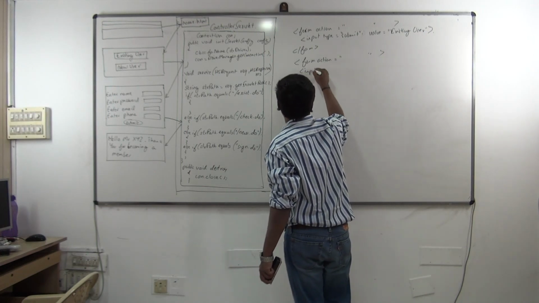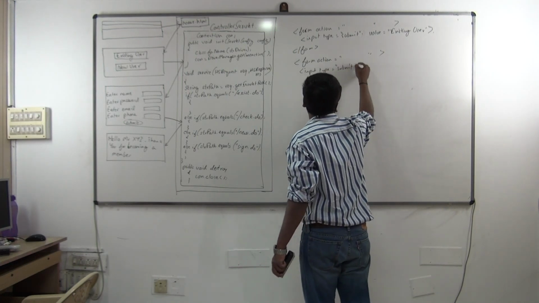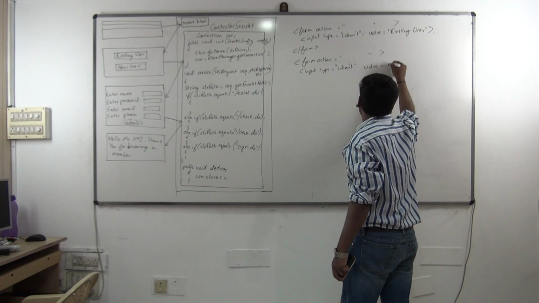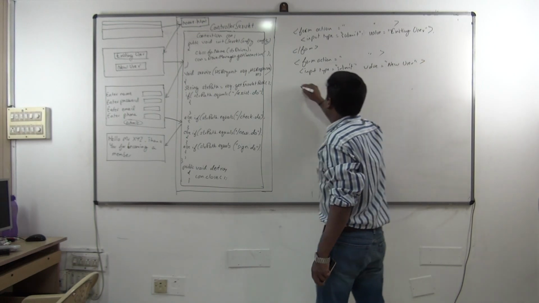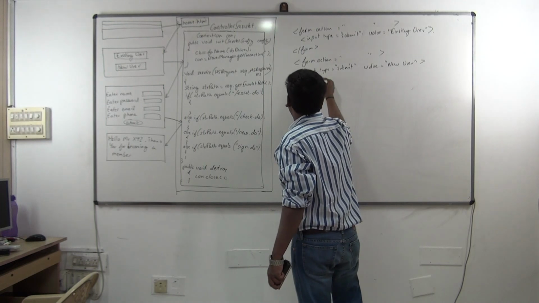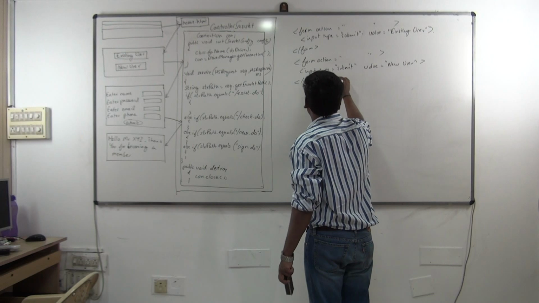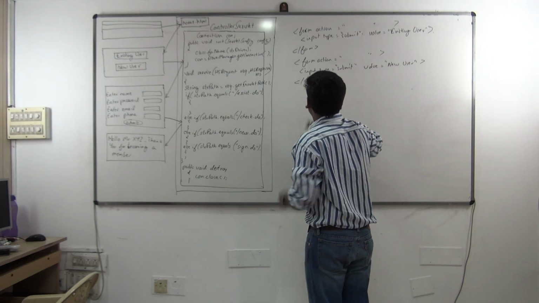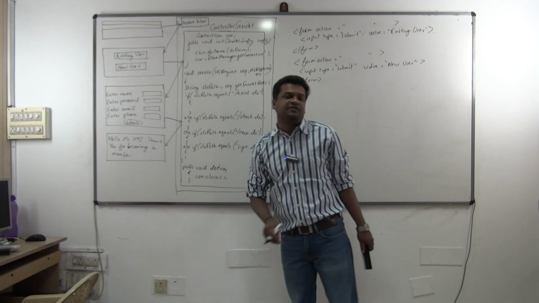Input type equal to submit, value equal to new user. Close the form. So both the requests, or both the submits, will come to the same servlet, but I want different logic to execute now.